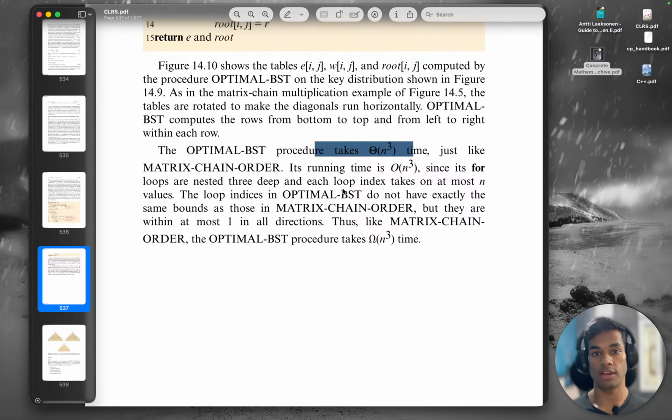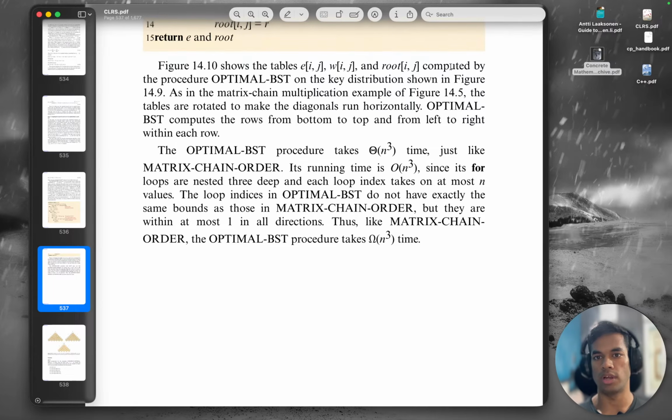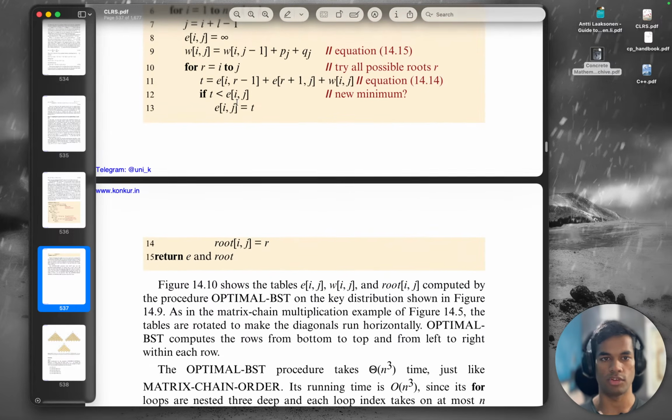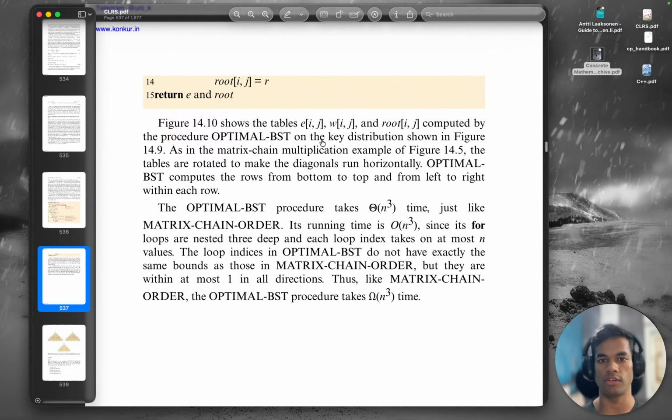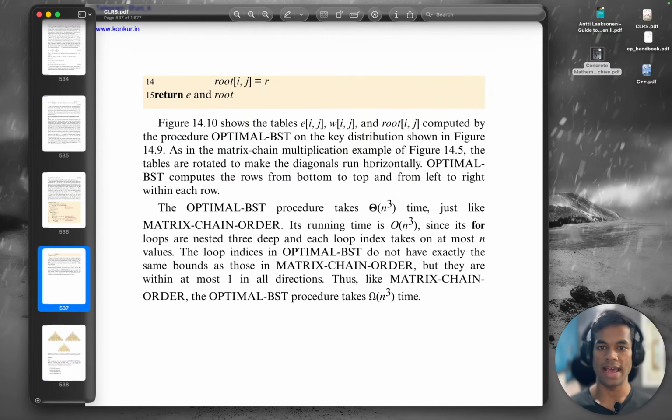And the running time is n cube. It shows the tables computed by the procedure optimal BST, which we went through just now, and the key distribution shown in figure 14.9, as in the matrix chain multiplication. As in figure 14.5, the tables are rotated to make the diagonals run horizontally.